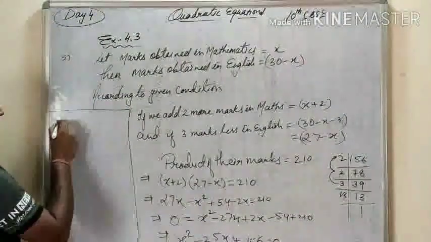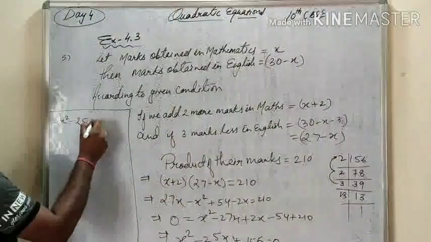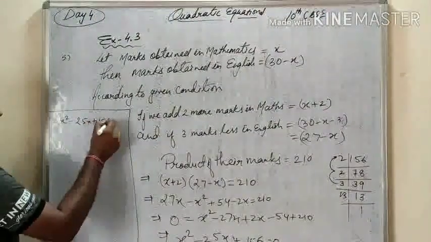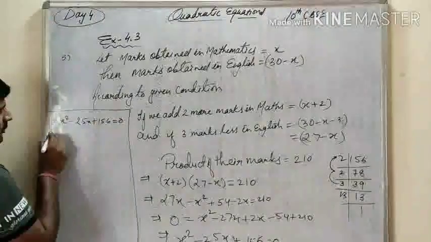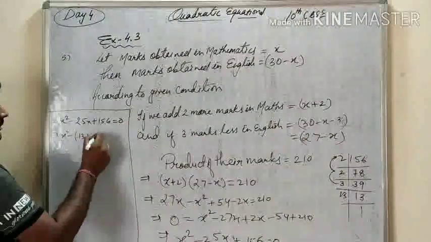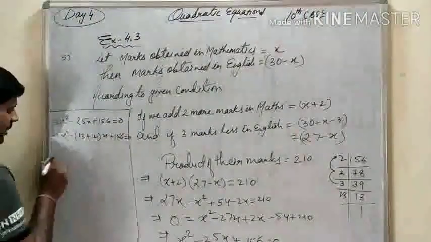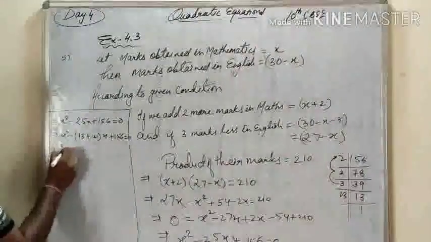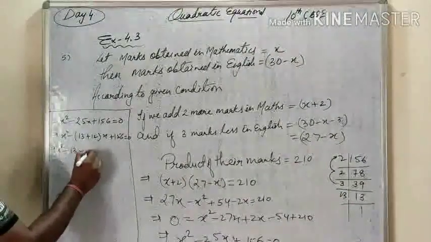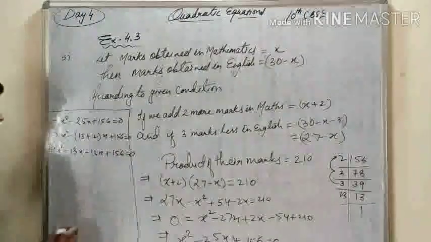So I am writing this equation again, taking both positive, 13 and 12. We write x square minus 13x minus 12x plus 156 equals 0.